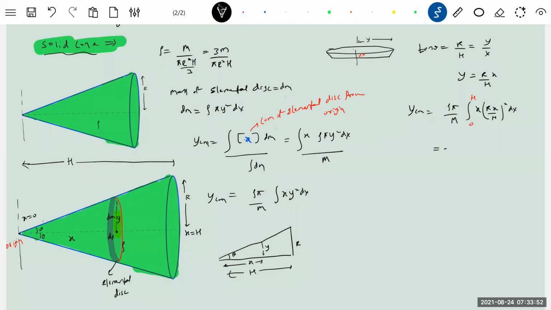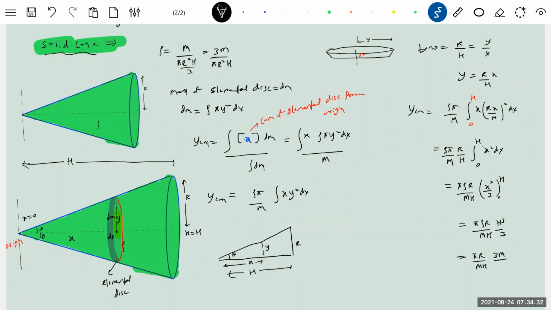Now this will become rho pi, R by H squared outside, and this will be x square dx. One more step. Sorry, x cube, x to the power of 4. So this will become pi rho R squared by H squared, H to the power of 4 by 4. What is rho?